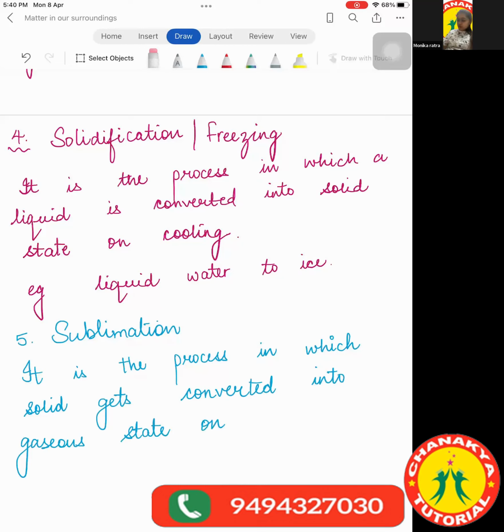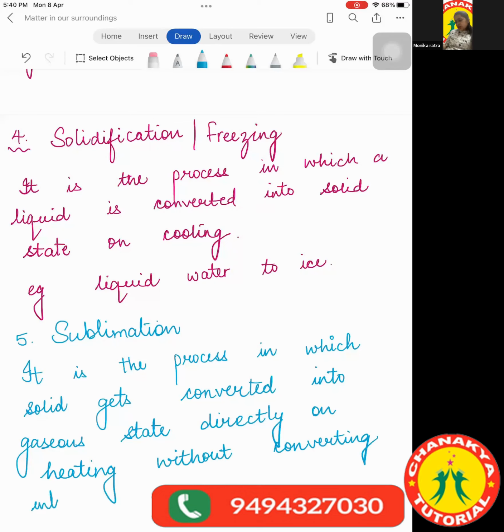I forgot to mention one word. Gaseous state directly on heating without converting into liquid state.